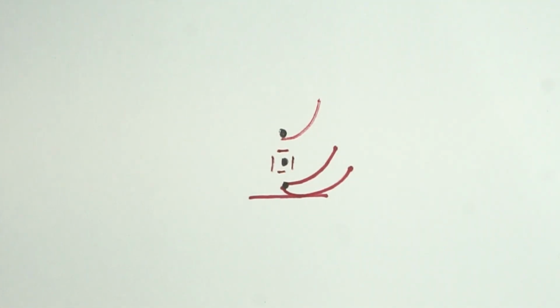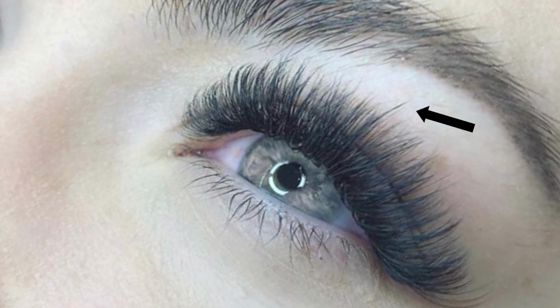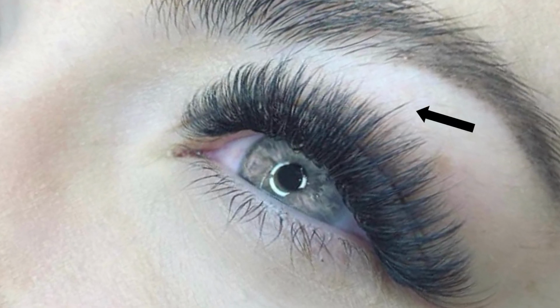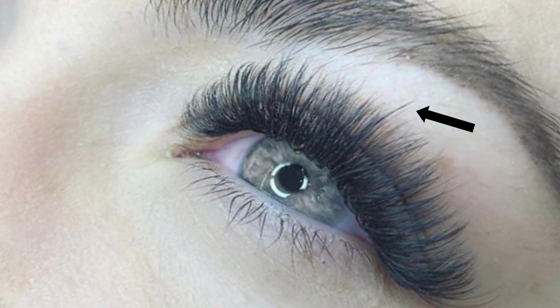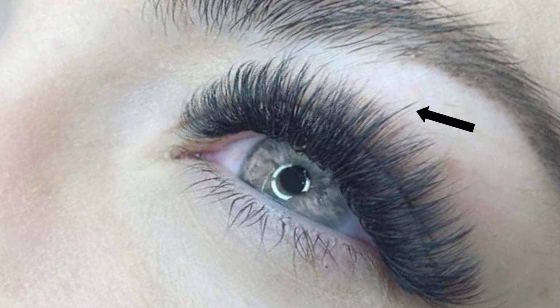Sometimes when we apply on the top, it'll lift up a little bit, which can look a little off in the set, especially if they don't have a lot of lashes on that top layer, like some people do. Then you want to factor that in so that you don't have little lashes popping up in an unfavorable direction.